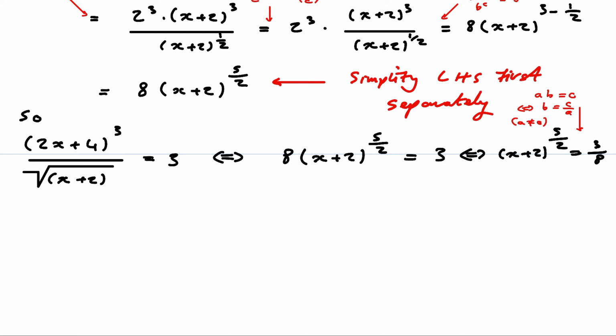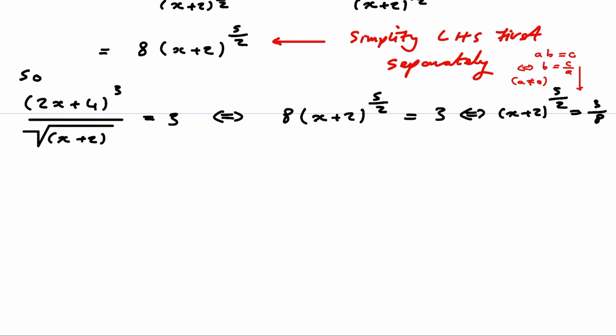So now how do I get rid of the exponent? I take everything to a specific power. And this one's a bit more complicated because it's to the power 5 over 2. But the trick is to raise it to a power that makes the power on the left-hand side 1. So I should raise this to the power 2 over 5.